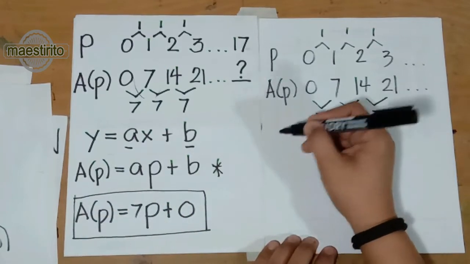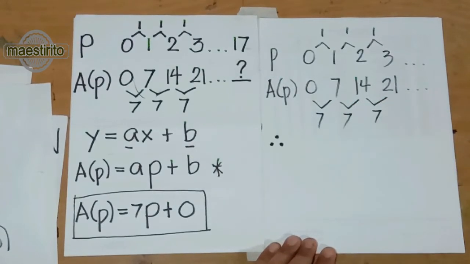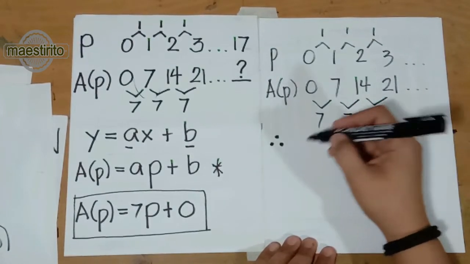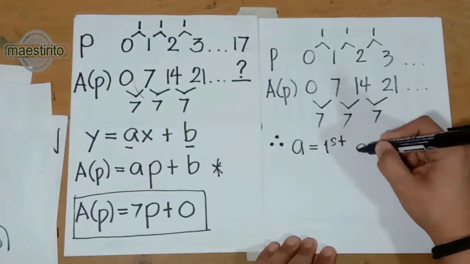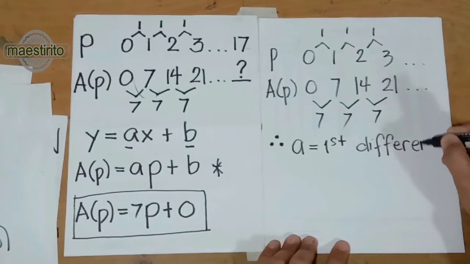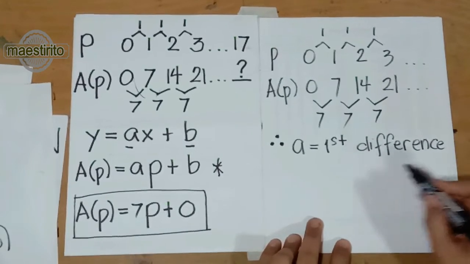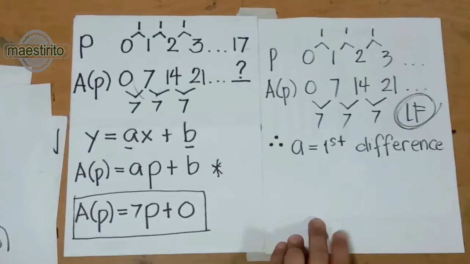Therefore, the shortcut is this. Your A is actually your first difference. So again, this is for a linear function.